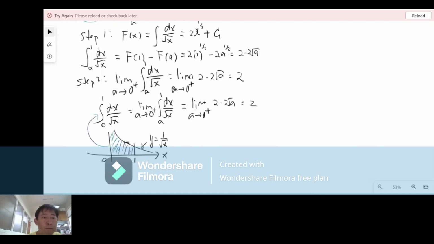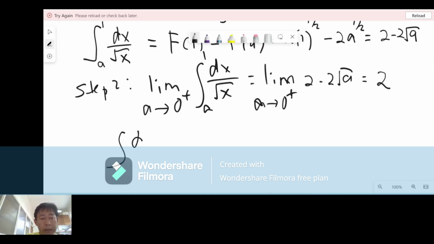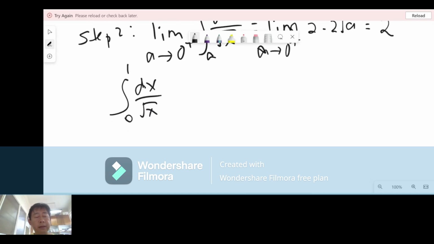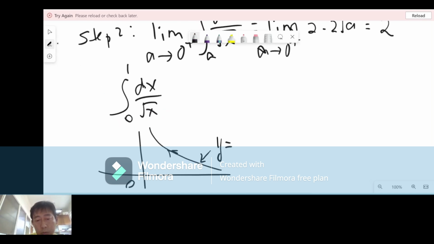Let's tidy up what we have done so far. The integration of the area under the curve, which is represented by this expression, is represented by y equals 1 over square root of x. This is the x-axis. This is the value of 1. This is the area that is represented by this integration.